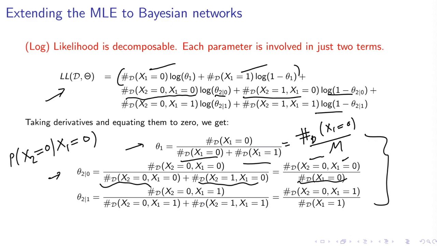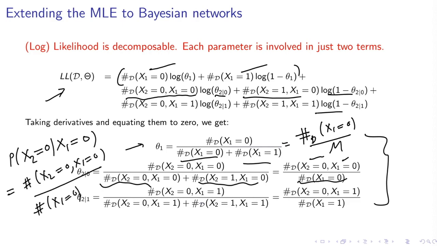If I give you data and I ask you to compute this probability, the first expression that comes to your mind is the following. This is nothing but the number of examples that have x2 equals 0, comma x1 equals 0 divided by the number of examples that have x1 equals 0.